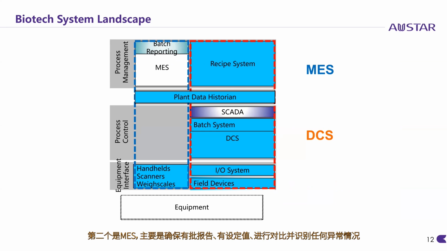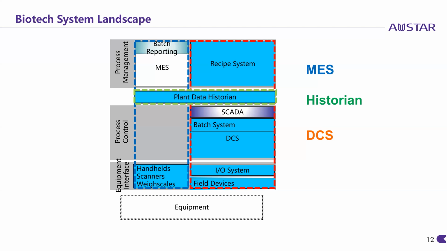It also looks especially at weigh scales and handhelds to input data for things that happen manually in the process. And then we have a third component, the historian, which is normally used because, as I come to later, the DCS itself does not really store data for a long time.